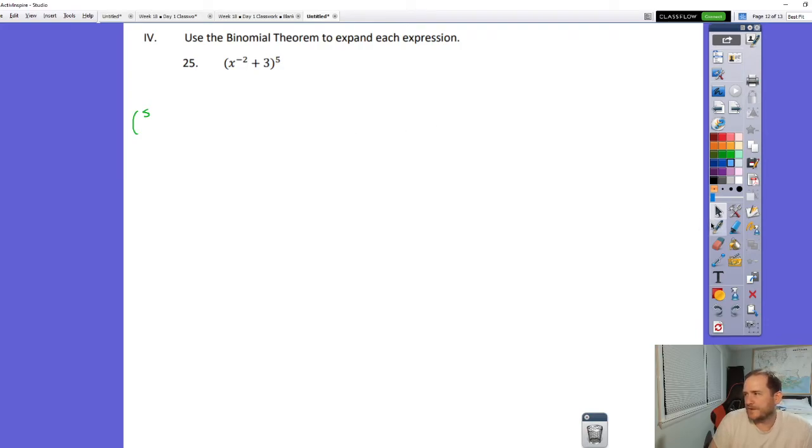We know that the general form of each term is going to be 5 choose something, x to the negative 2 to the something power, and 3 to the something power. So I'm just going to make 6 of these bad boys, and then annotate them as needed.